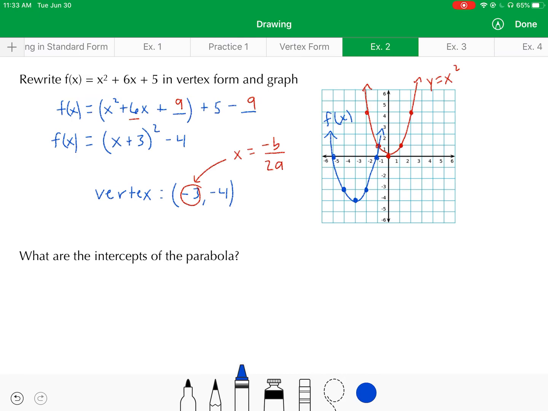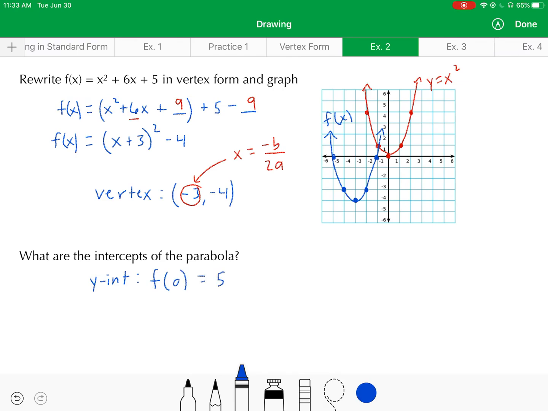All right. Now, what about the intercepts of the function? Well, we can see the x-intercepts pretty easily from our graph, but let's look at how we can find those all algebraically, right? So my y-intercept is nothing more than evaluating the function with a 0 for x. So that's simple enough.